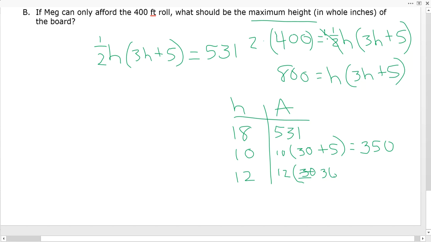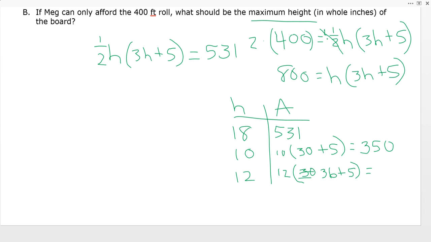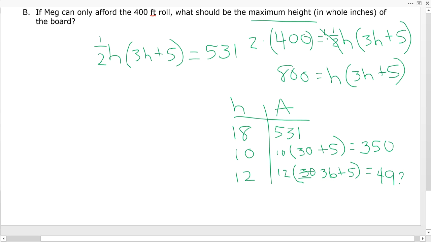It's 36 plus 5. I'm going to have to get my calculator out for this. 36 plus 5 is 41 times 12. 492. Oh, wait a minute. That's too much.